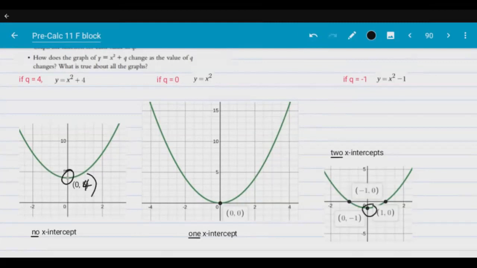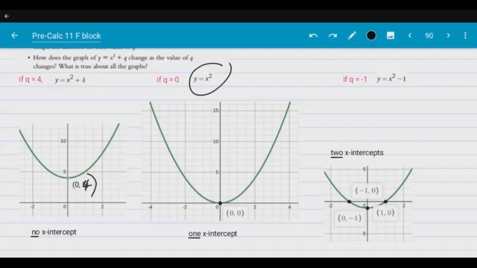Now, a quick summary of this: when your function has a positive coefficient for x squared, meaning it is going to be opening up, and then something is added to it, that means it would be above the x-axis, so it would not have an x-intercept.